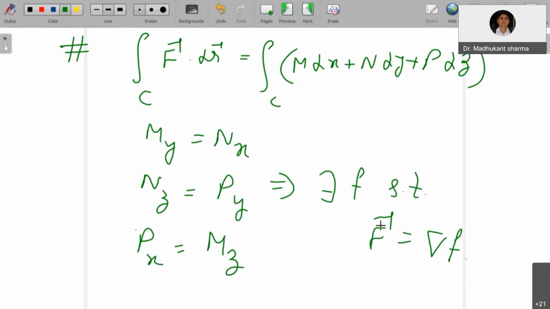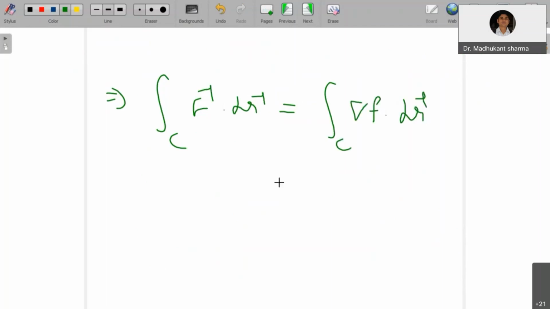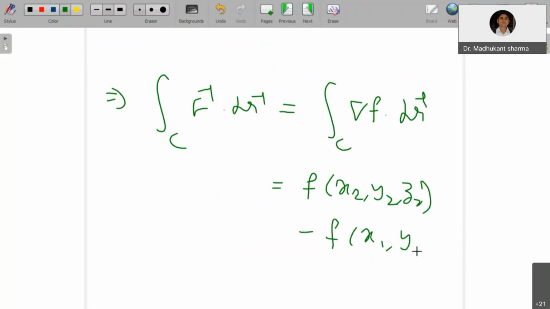Then you have the fundamental theorem of line integrals, if you recall. So this implies integral C F dot dr, for M dx plus N dy plus P dz, equals integral C grad f dot dr, and that equals f of x2, y2, z2 minus f of x1, y1, z1. You can apply the fundamental theorem.